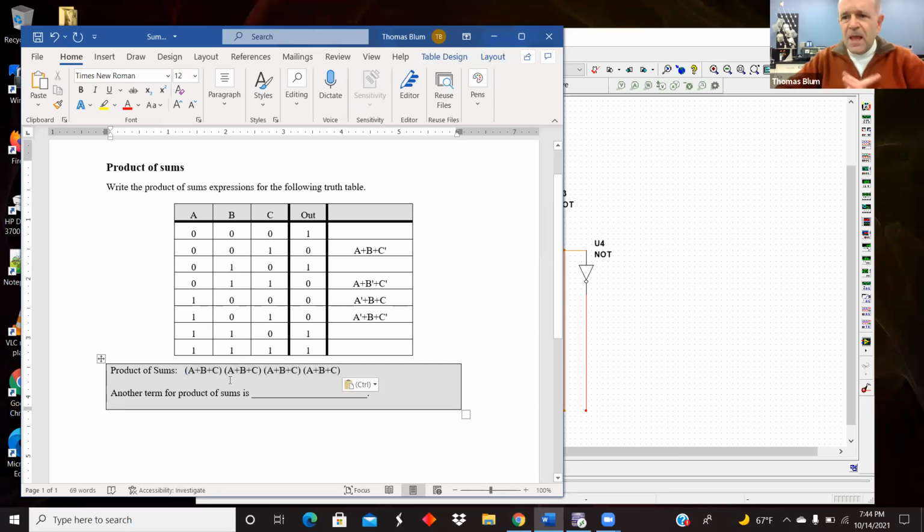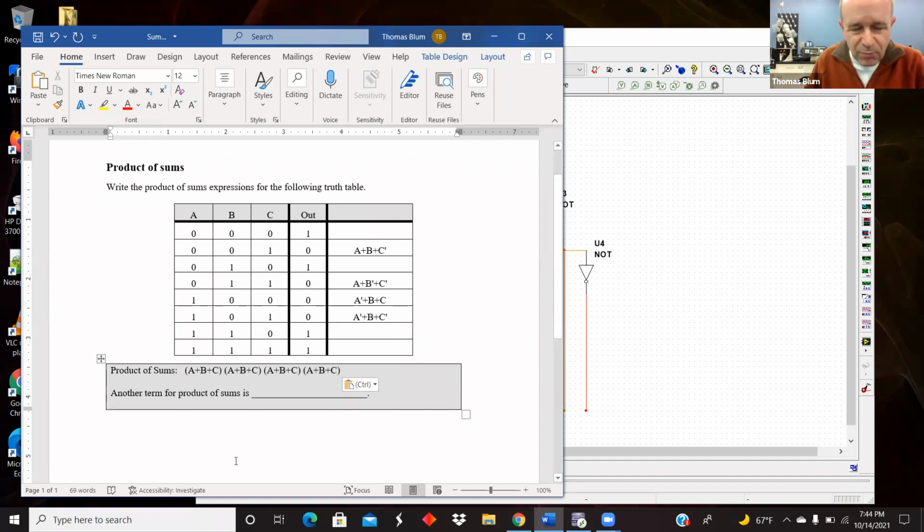Okay, so we have the same kind of precedence in Booleans that we have in normal algebra, and that is if you want to do summing, ORing, before you do multiplying, which is ANDing, then you need to put it in parentheses. So the normal precedence would be to do multiplication first, but if you want to do the summing first, and we do, then you will need the parentheses to enforce that.